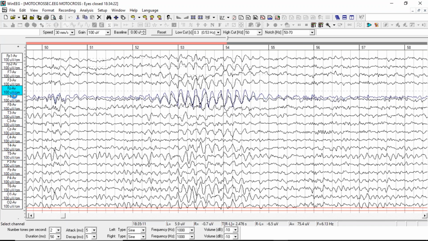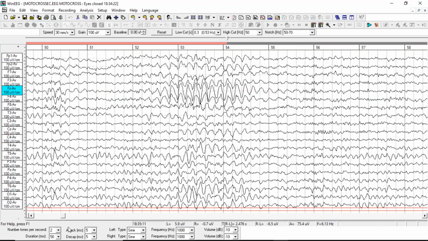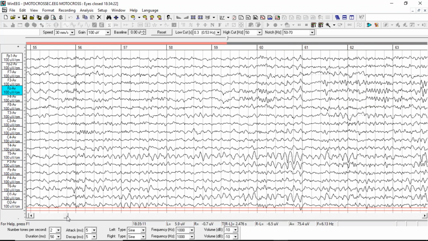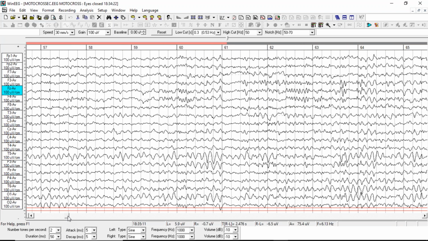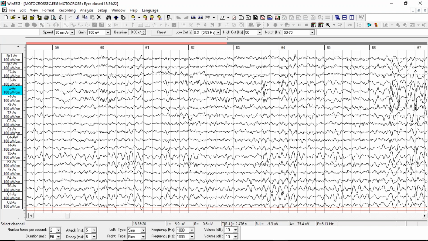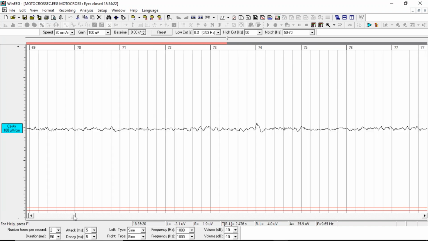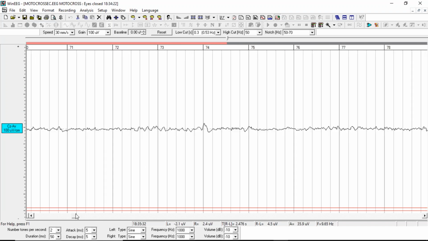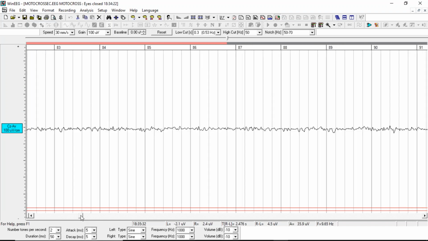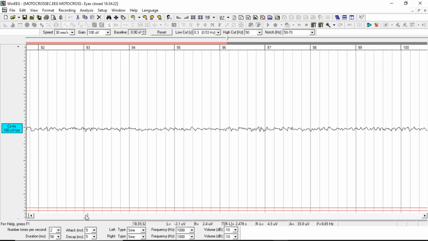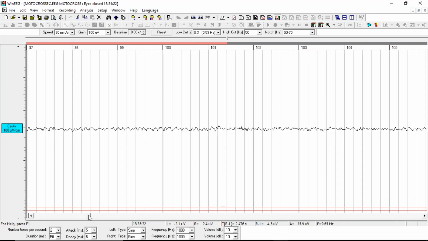Look at FZ to F4, midline, with that source, that triggering, which is not a good thing. And if we start looking at the midline, we're going to have that sharp vertex wave that we've seen in other interpretations before, which is the sign of a sleep disorder.